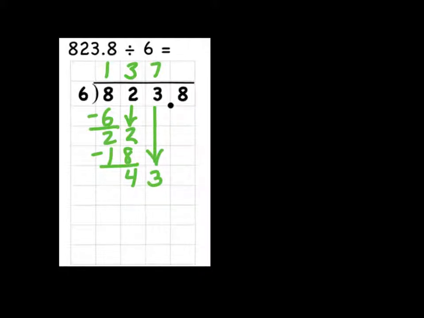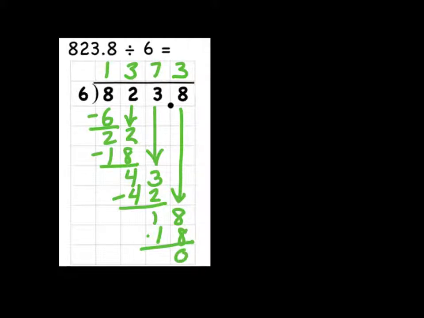I can get 7 groups of 6 out of 43. 6 times 7 is 42. When I subtract, I'm going to get 1. When I bring down the 8, I now know I can get 3 groups of 6 out of 18. So I'm going to subtract, and I will get my answer of 0. And I'm going to put my decimal point up here in my answer.